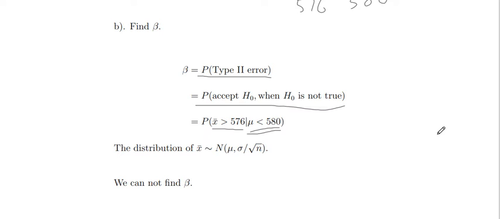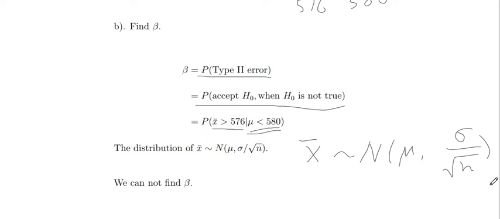But even though we know mu is less than 580, we still don't know mu. For the distribution of x bar, we say x bar follows a normal distribution with mean mu and standard deviation sigma over root n.